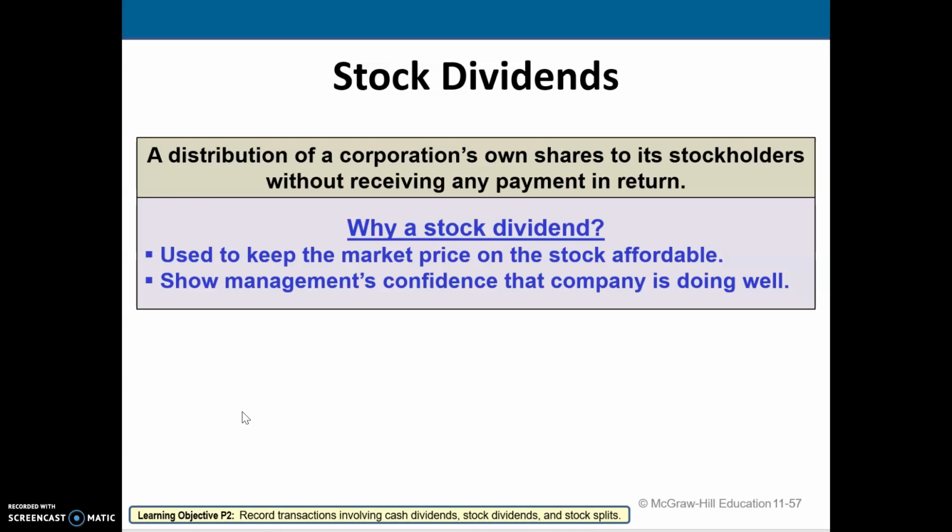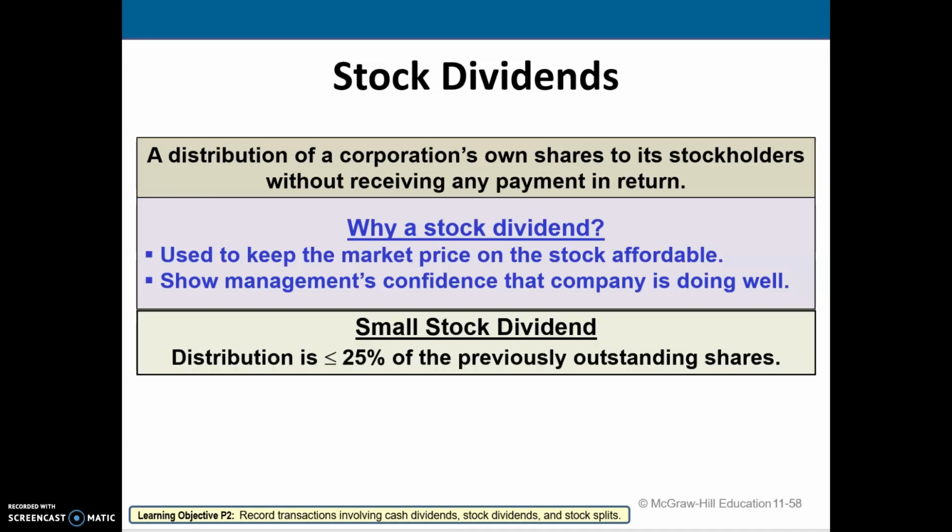Well, if there's more pieces, more units of ownership, each piece is going to get a little bit smaller. So the stock price is going to go down when there's a stock dividend, okay? But each shareholder owns more shares of stock, so their investment doesn't change. It's just when this market price comes down, it makes it easier to trade.